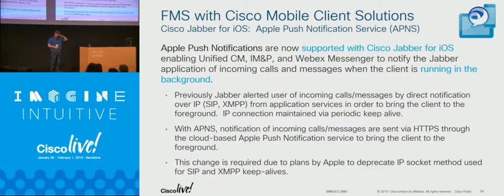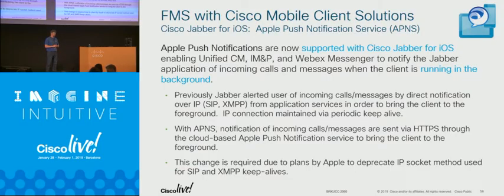So one of the reasons that we implemented OAuth, besides the fact that it's standards-based and it's the way the industry seems to be moving with SSO and OAuth frameworks, the other reason we had to do this was Apple push notification.